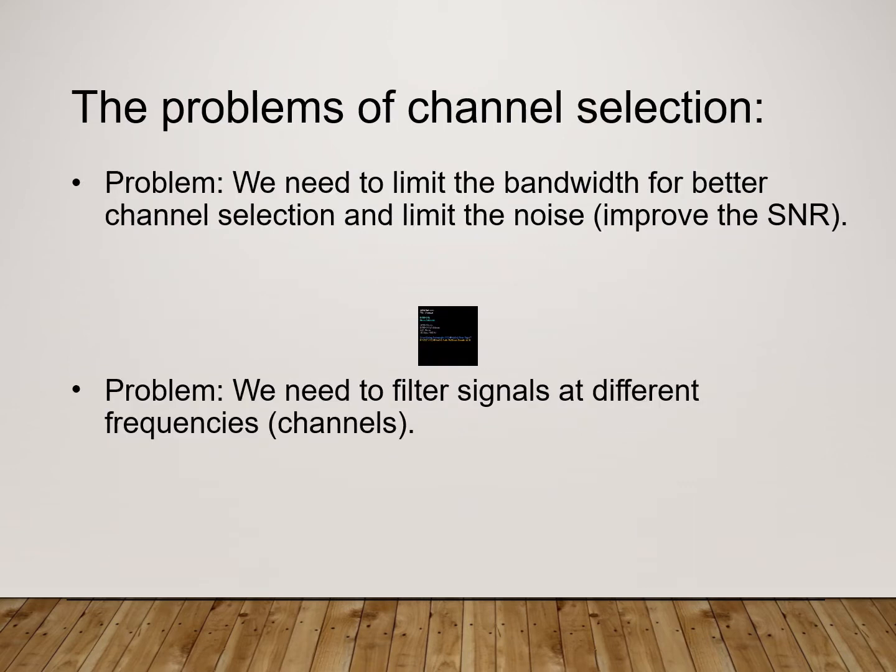The problem of channel selection can be divided into two questions. One, we need to limit the bandwidth for better channel selection and to limit the noise, improving the SNR. Two, we need to filter signals at different frequencies, or build up our channels.